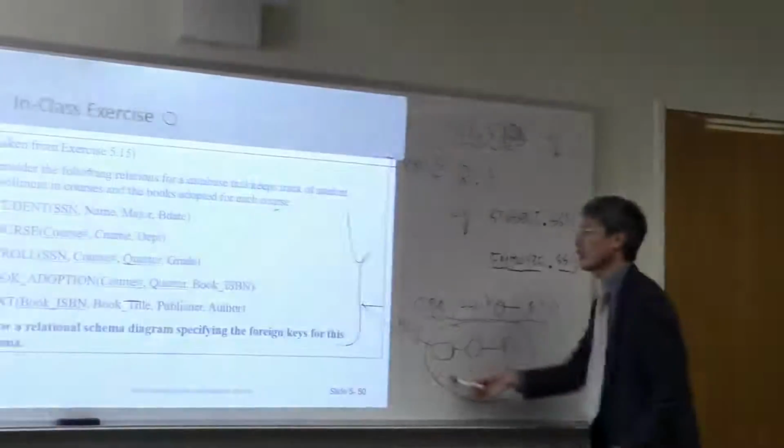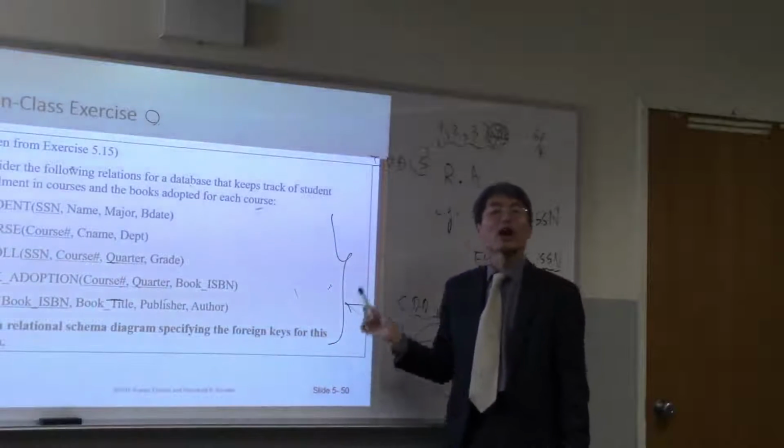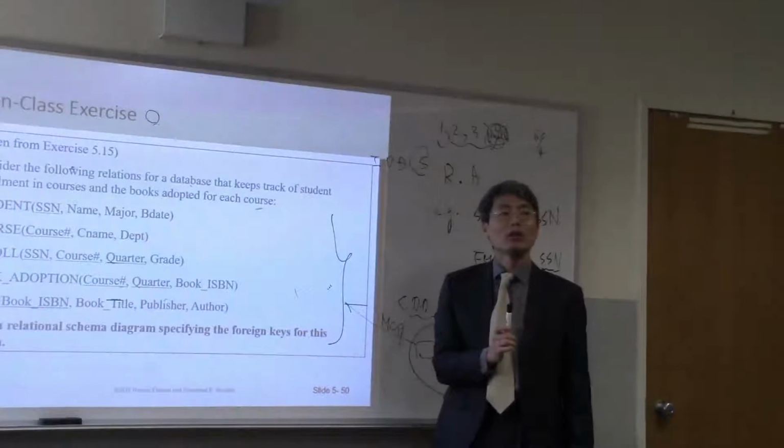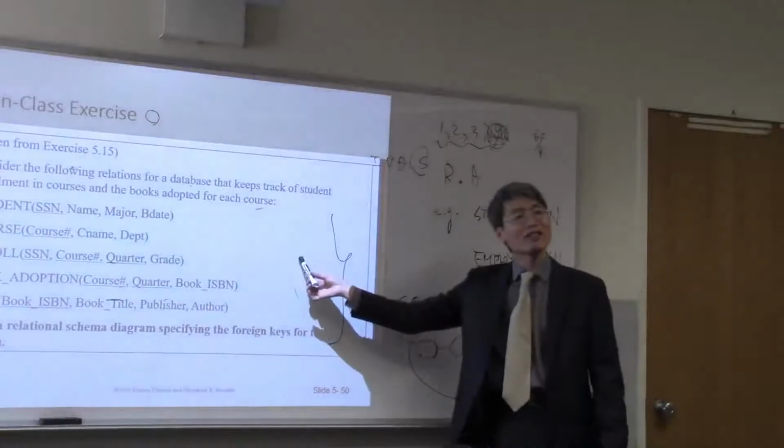Then they will give the conceptual design to the database architect or database designer. Then they need to convert this ER diagram to the relational database model. How can we do that? As you probably realize, this ER diagram is quite similar to this one.